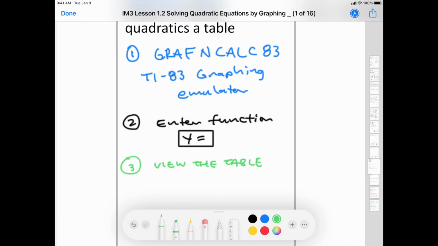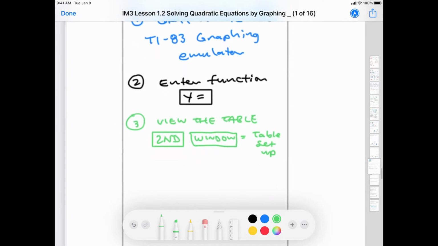You're going to click on second, and you're looking for, on my Texas Instruments it might be a little bit different, the word window. What this does is something called table setup. We're going to figure out how to set up the table.